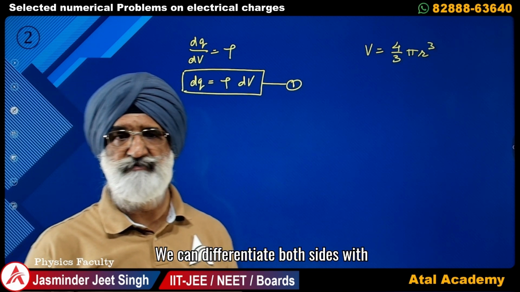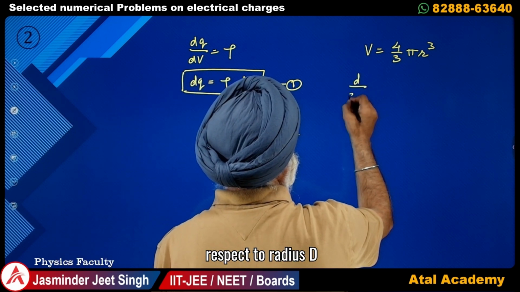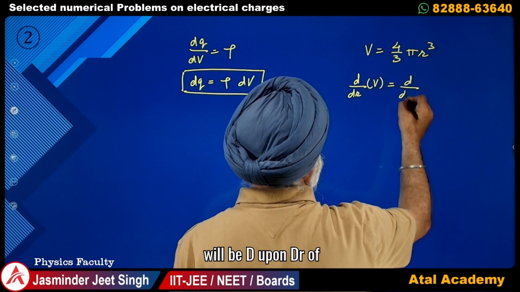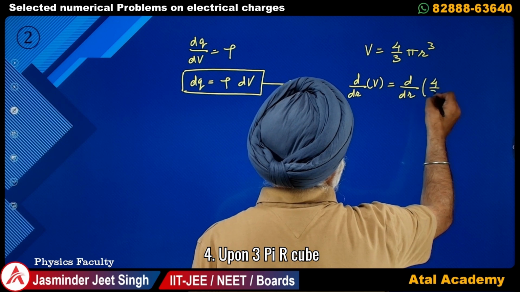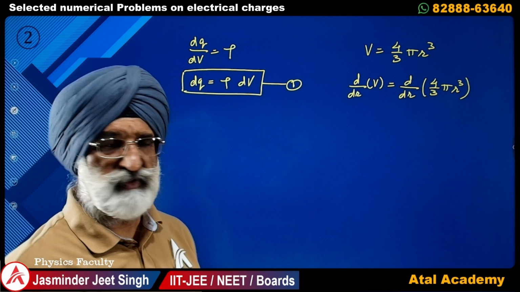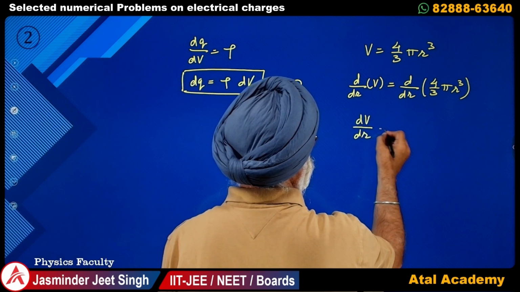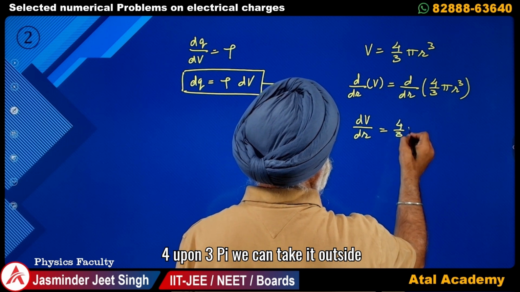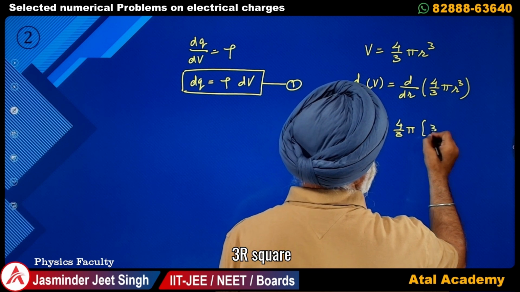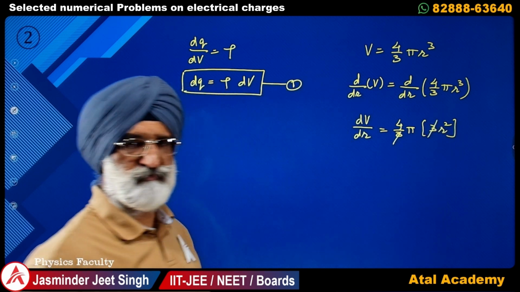We can differentiate both sides with respect to radius. d upon dr of v will be d upon dr of 4 upon 3 pi r cube. It will be dv upon dr equals 4 upon 3 pi, we can take it outside, and differentiation of r cube is 3r square. 3 and 3 will cancel from here.